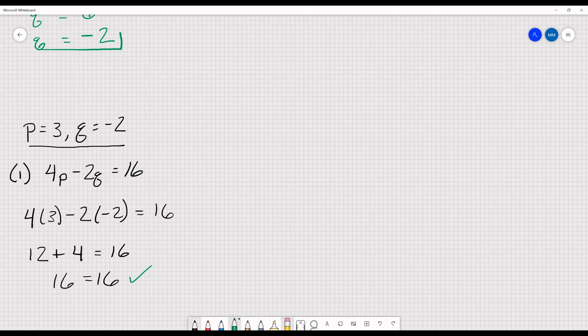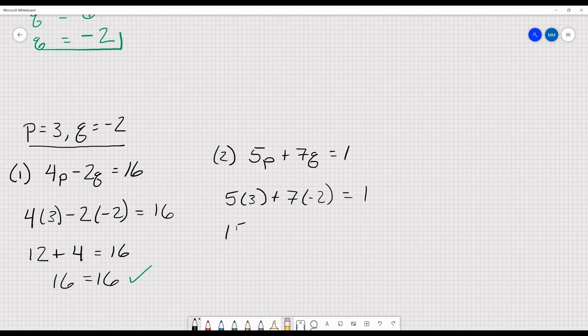Let's check on the first equation. Let's check the second one. Second equation said 5p plus 7q. I want that to be 1. I take 5 times 3, add 7 times negative 2. I have 15 here. This will be negative, and that's a negative 14.